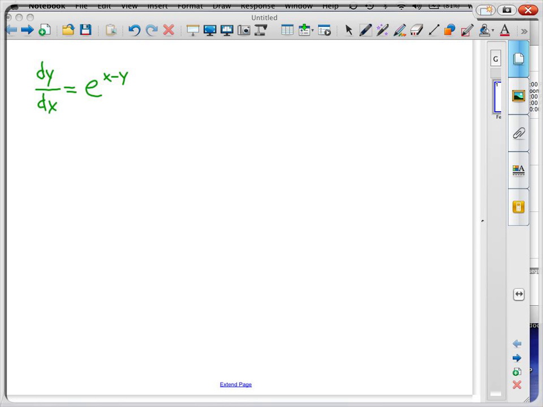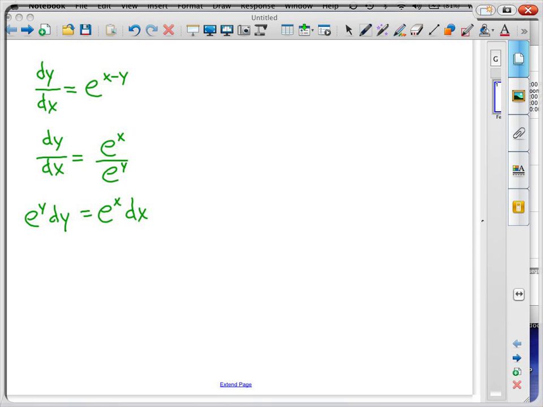So one thing to remember is your properties of exponents. So this could be rewritten as dy over dx equals e to the x over e to the y. Now you can see we just get e to the y dy equaling e to the x dx.